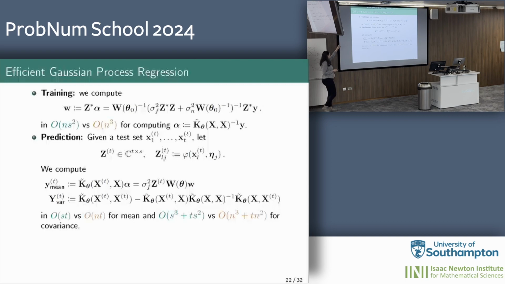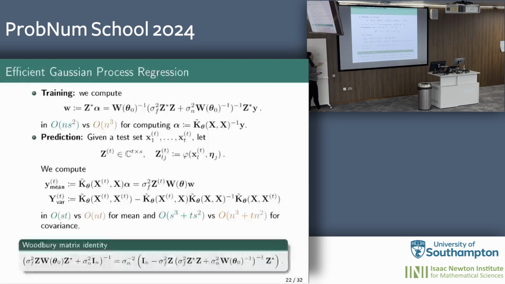But here I don't need to compute it directly if I use some matrix identities such as Woodbury. It's just a very long computation, but the thing is that instead of having the inverse of an n times n matrix, I can have the inverse of an s times s matrix.